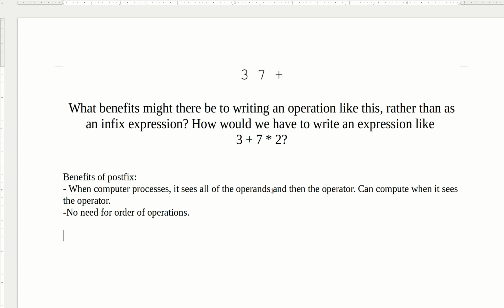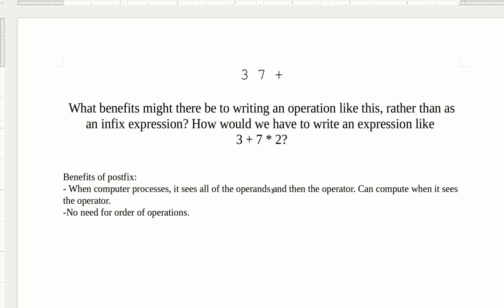So, for example, with the 3 plus 7 times 2, we know that the times needs to show up before the plus does, and that when we see the times, we should have already seen both operands for the multiplication to happen.